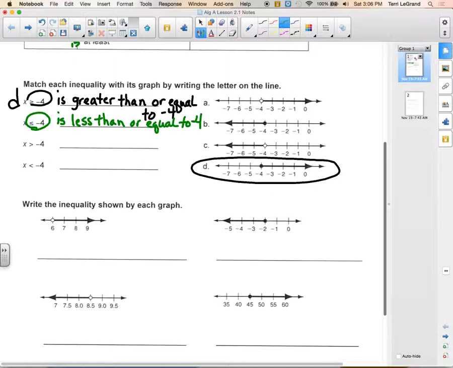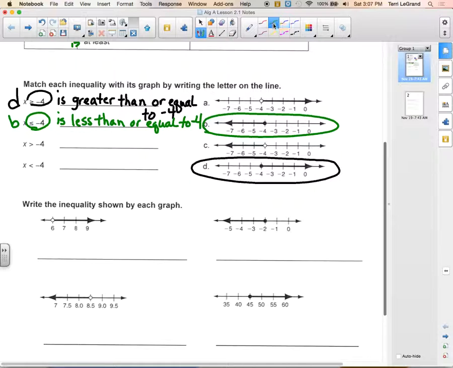Whatever we decide x is going to be, it has to be less than -4, or it can be equal to -4. Well, that means -4 has to be shaded in, and the numbers less than -4 would be to the left. So I'm thinking here's our graph right here for that one. -4 is included, and so are all the numbers that are less than -4. So we're going to say graph B matches up with that one.